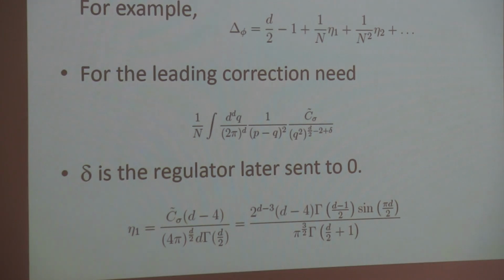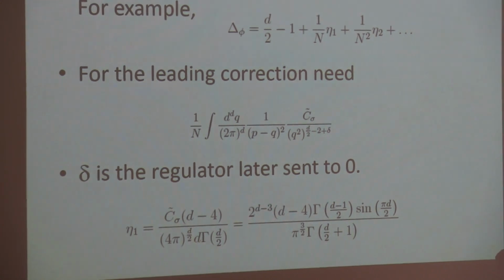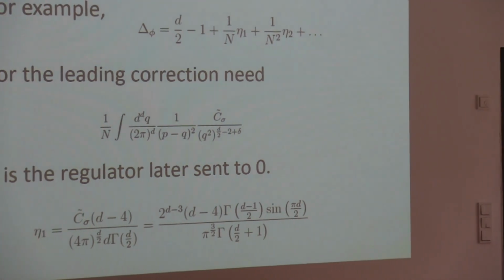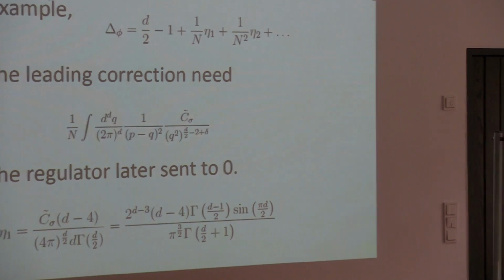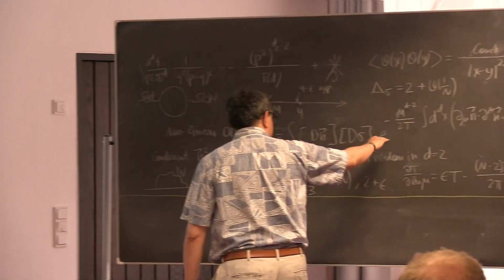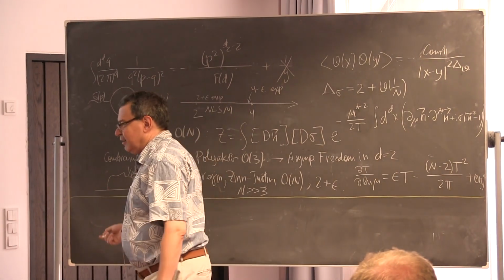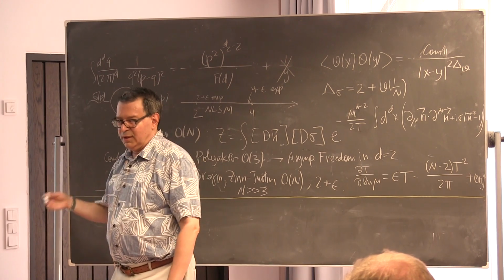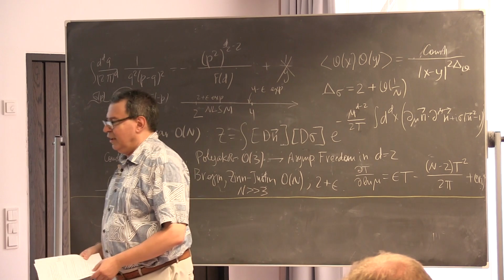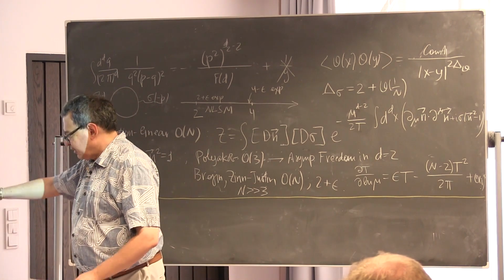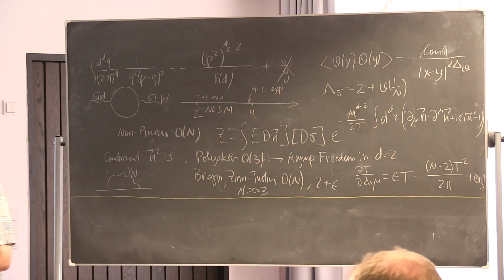You can then take this eta 1 and expand it, for example, near 4 dimensions or near 2 dimensions, and compare with the results of these perturbative calculations. One perturbative calculation near 2 dimensions is the sigma model one, and the other one is from renormalized perturbation theory of just phi 4 theory. And you can check this result against these 2 results.